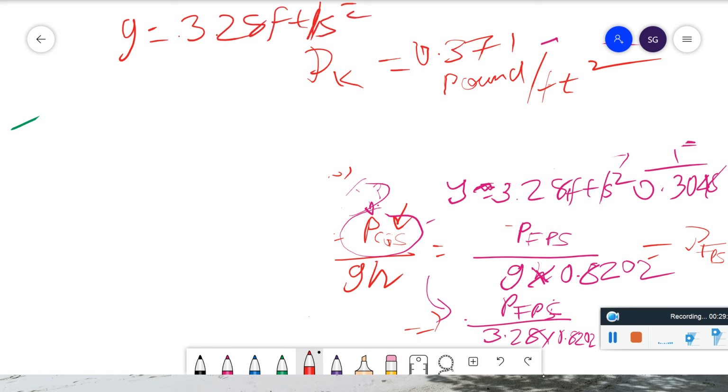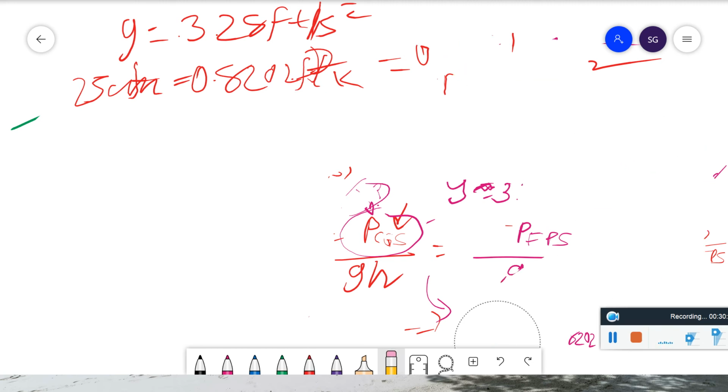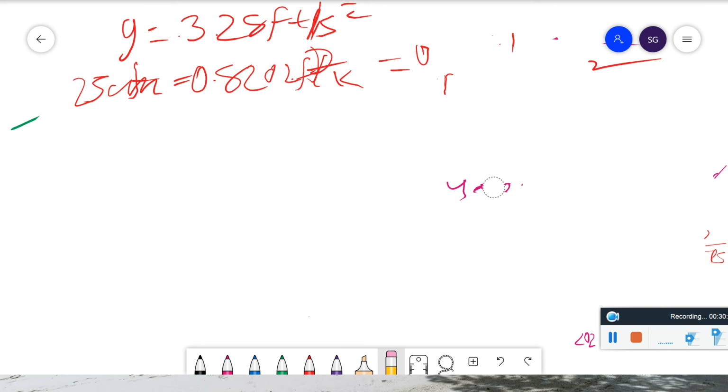We know this concept FPS, and one more thing, H is 0.8202. So this 25 centimeter is equal to 0.8202 feet. Fine. This we have completed. So this is the primary relation we should remember. That's it. Now your work is done.